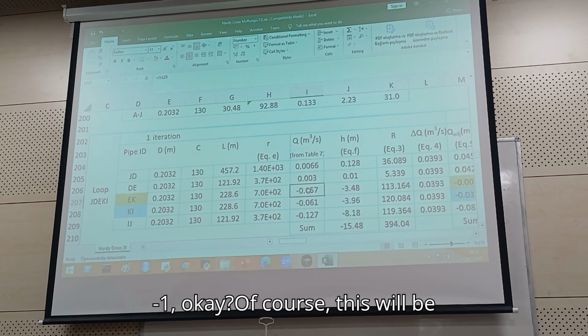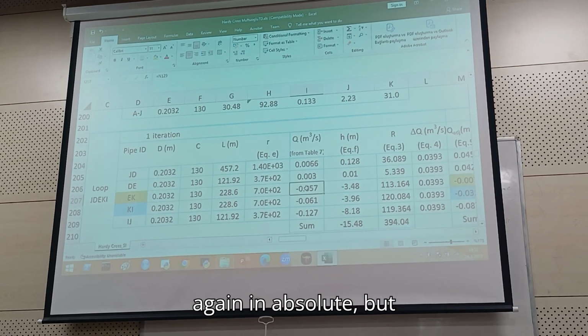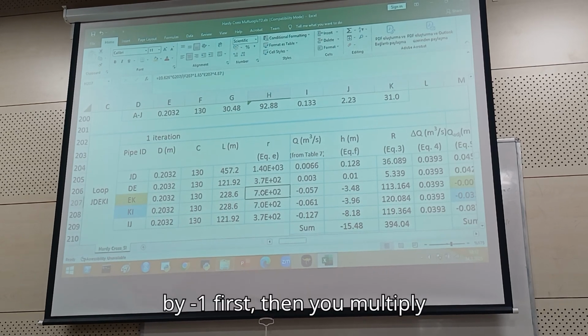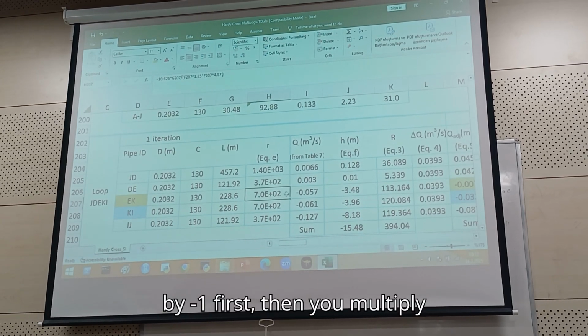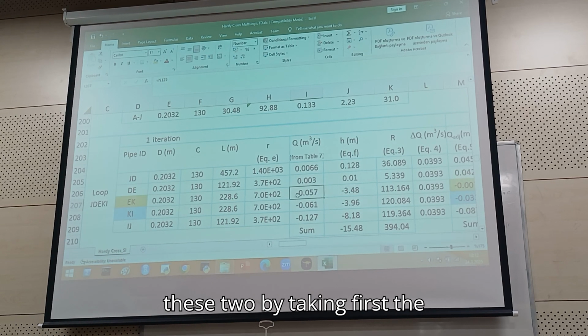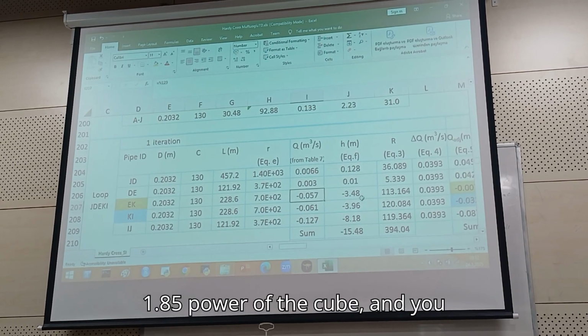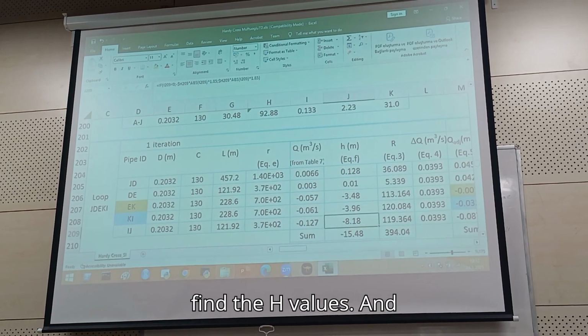Of course, this will be again in absolute, but you will be multiplying this value by -1 first, then you multiply these two by taking first the 1.85 power of the Q, and you find the h values.